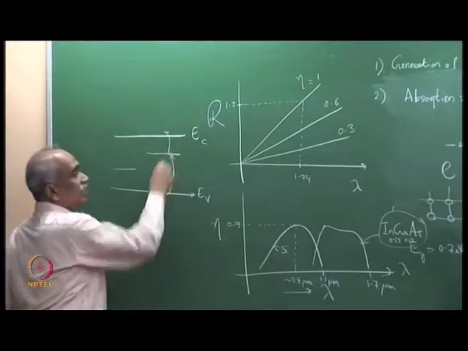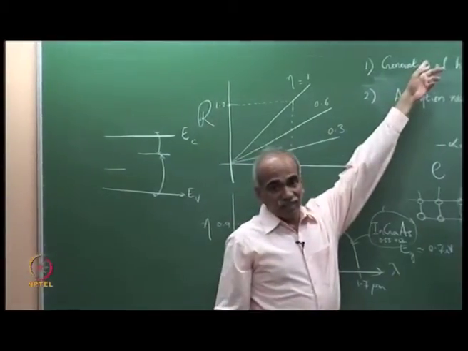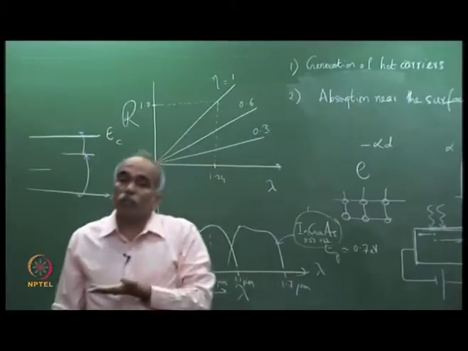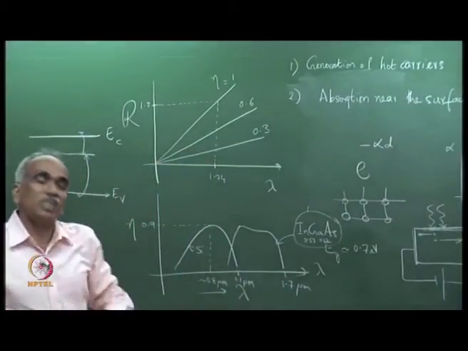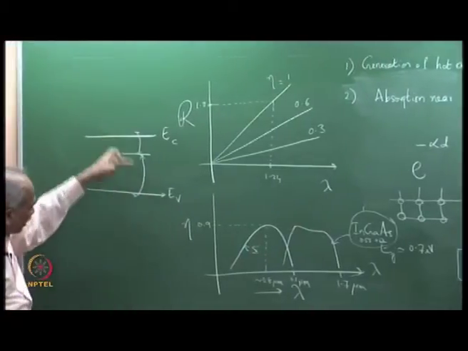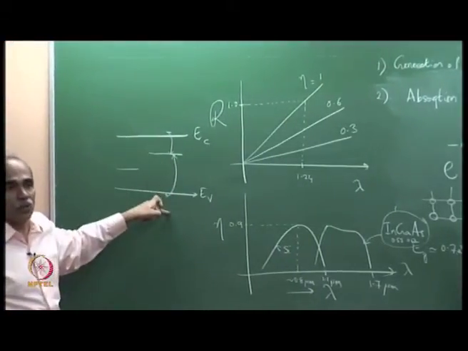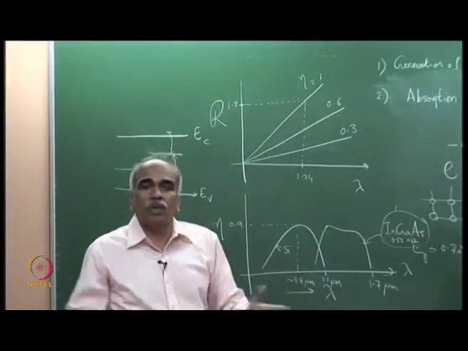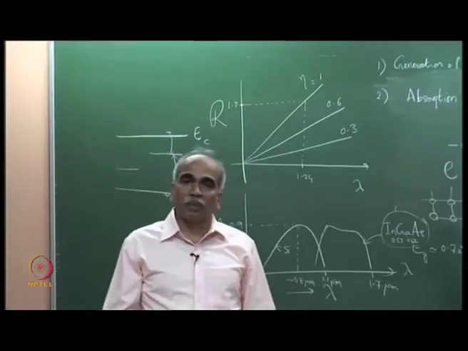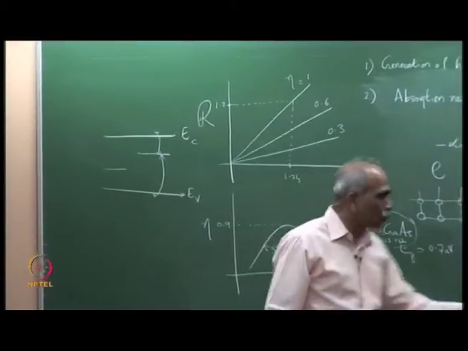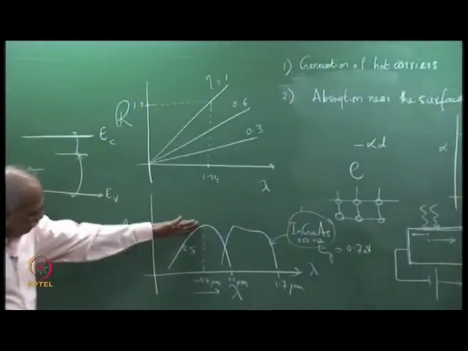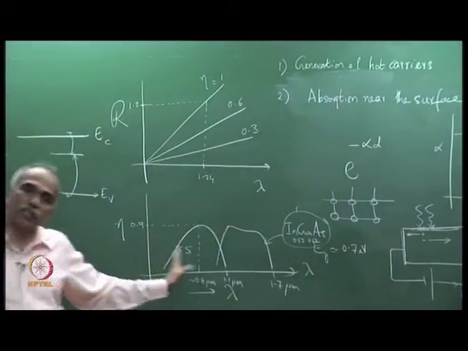Just like in the previous case, absorption near the surface, where there are plenty of surface states, facilitates quick recombination of the carriers. If carriers recombine, they are lost from the medium, which means they no more contribute to the current, and that is why the quantum efficiency drops down at smaller wavelengths.